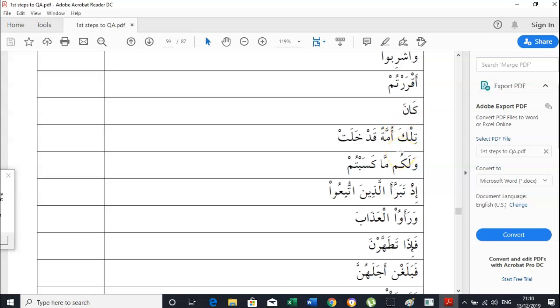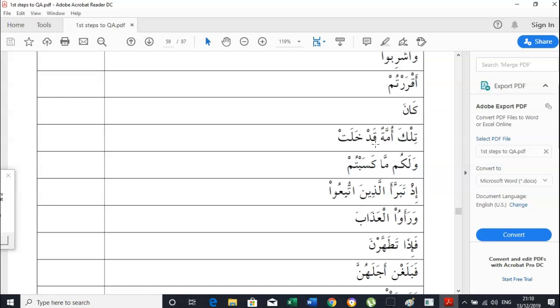So tilka ummatun. What does that mean? Not this. What's tilka mean? That is a nation. Okay, qad khalat. So tilka is an ism, ummatun is an ism. Qad. Usually, isms and fi'als don't have 2 letters.